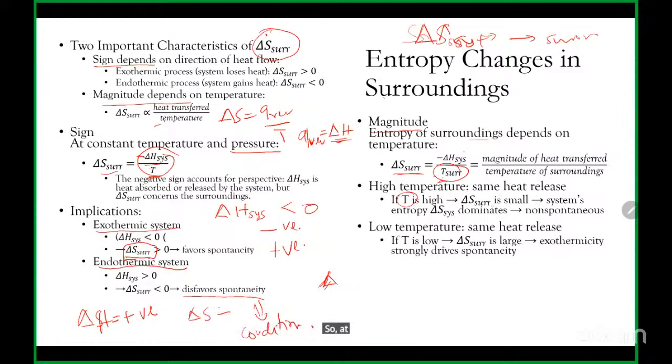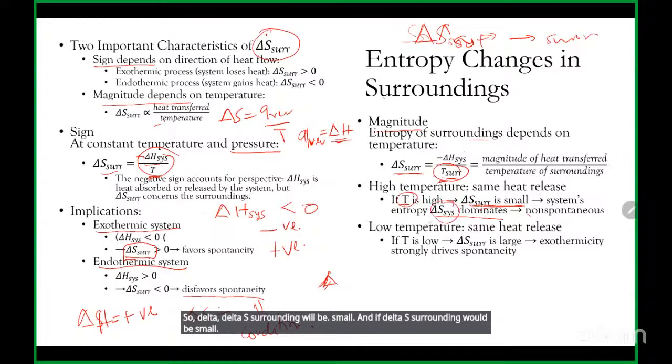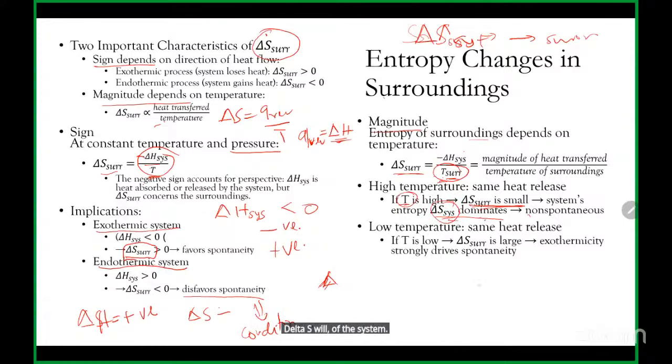At high temperature, T is large, the denominator is large, so delta S of the surroundings will be small. And if delta S of the surroundings is small, delta S of the system will need to be large, because both of them contribute to the delta S of the universe. So there's a tendency that the process will tend towards non-spontaneity at high temperature, but at low temperature, there's a tendency that the process will be spontaneous.